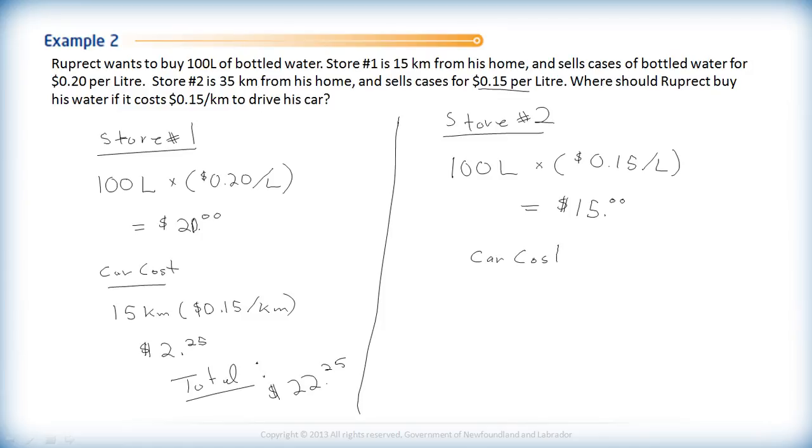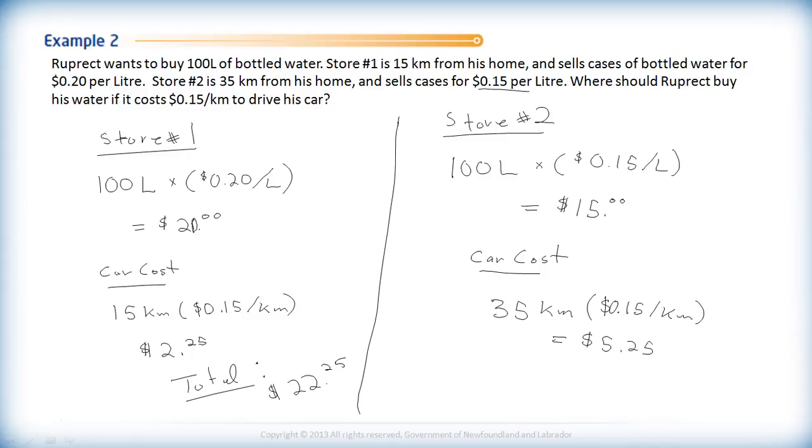Car cost here. Okay, so in this case, we've got 35 kilometers for Ruprecht. And Ruprecht's a nice name. So he's going to travel 35 kilometers at 15 cents per kilometer. Okay. And 35 times 0.15 gives us $5.25.